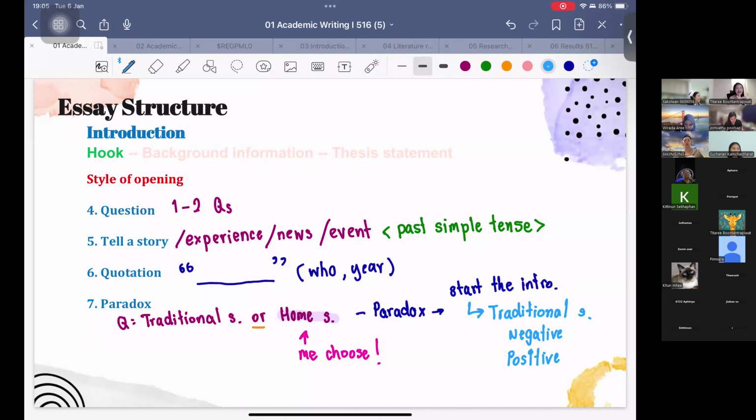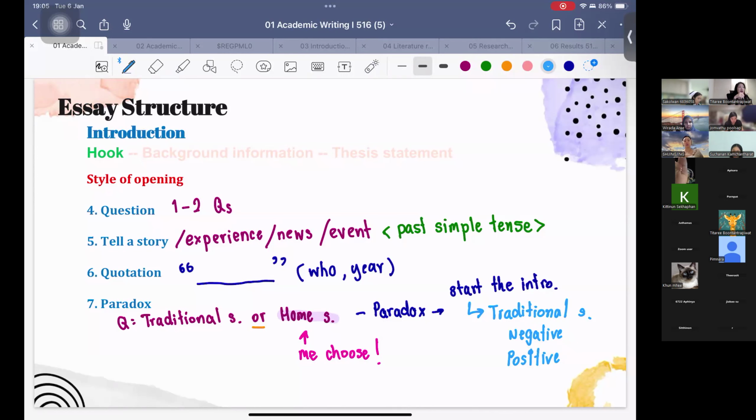Some people might prefer to start off with a general statement because this is their thing. So the style you select depends on the topic you're going to write and on you. If you are familiar with a technique, that is okay. If you're not familiar, you can go with another technique, that is okay as well.